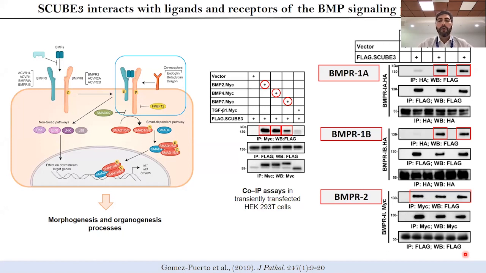After an immunoprecipitation assay, we demonstrated that SCUBA3 physically interacts with receptors and ligands of the BMP signal pathway. Since then, we were so happy because we were confident that we were in the right direction.